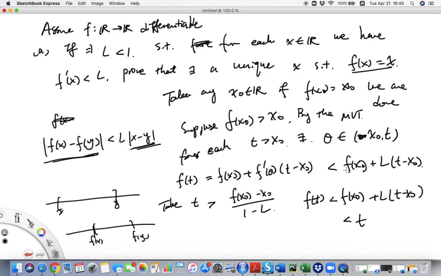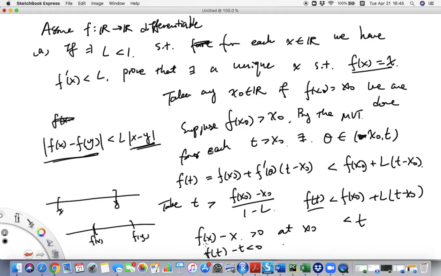Now you look at this function f of x minus x. Because f of x0 is greater than x0, this is positive at x0, and at t, f of t minus t is going to be negative, right?